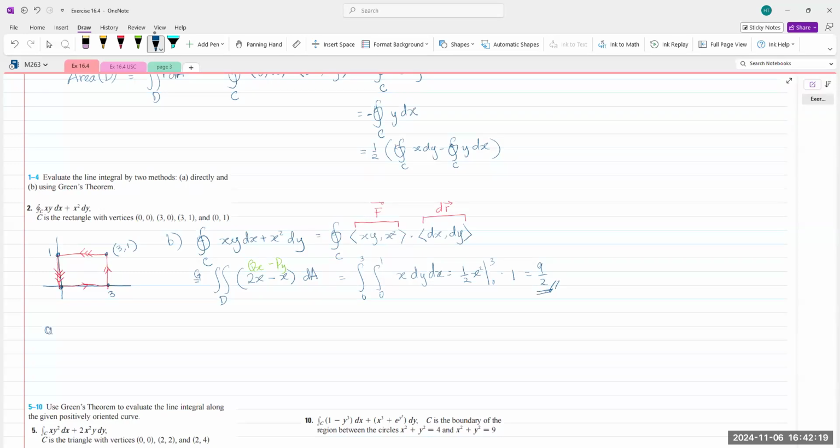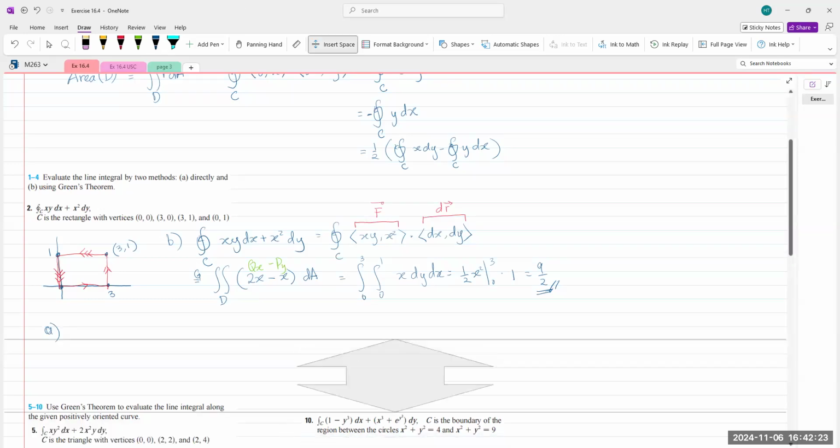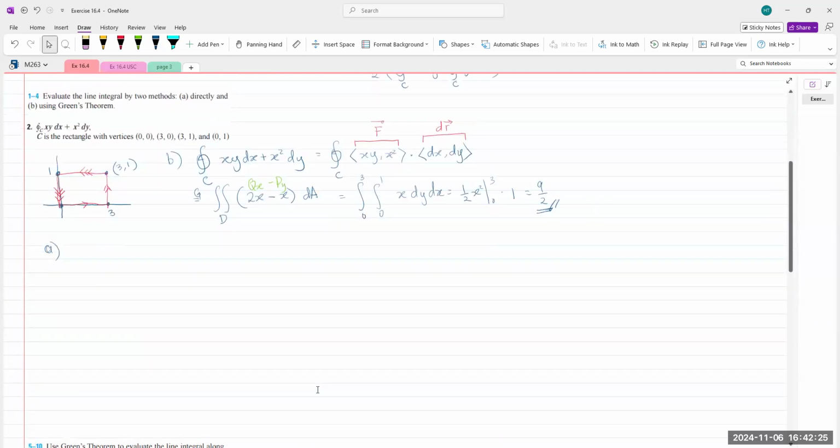Now, if we do it step by step, path by path, which we expect to be a lot longer, let's call this the first path, the second path, the third path. Remember, because the orientation is important, we need to keep the direction.